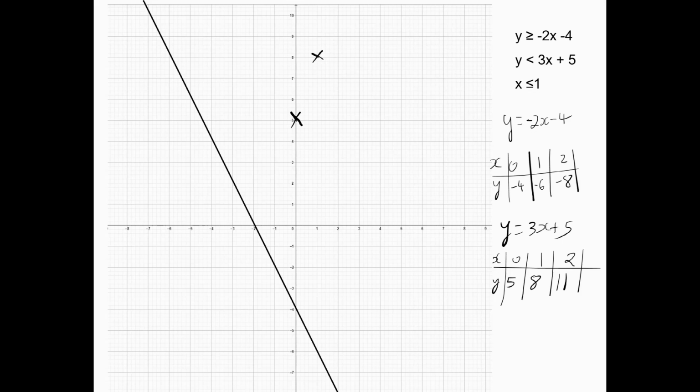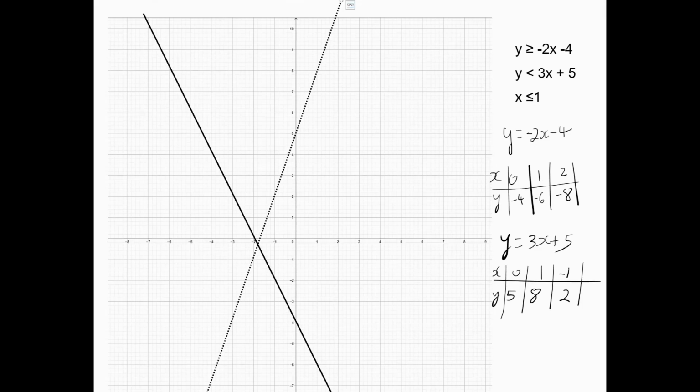Actually, my graph doesn't go that high, so I'll just use those two, and then maybe minus 1. Minus 3 plus 5 is 2. So now let's draw the line, and this time it has to be a dotted line because the inequality is y is less than 3x plus 5.